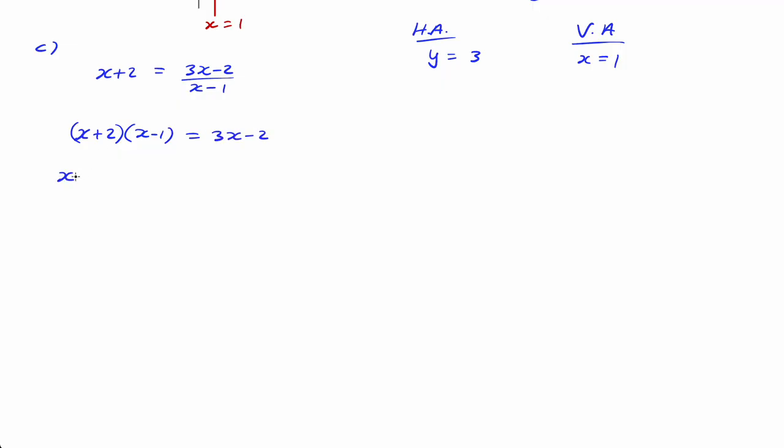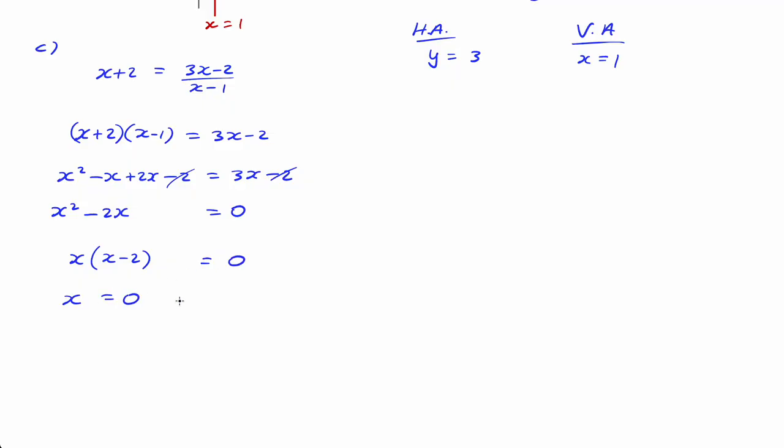Multiply this out: x squared minus x plus 2x minus 2 equals 3x minus 2. x squared plus x minus 3x, the 2s are gone, equals 0. Factorize: x(x minus 2) equals 0. x equals 0, or x equals 2.